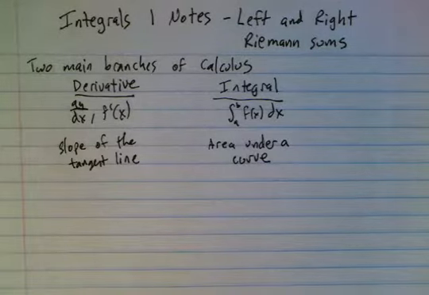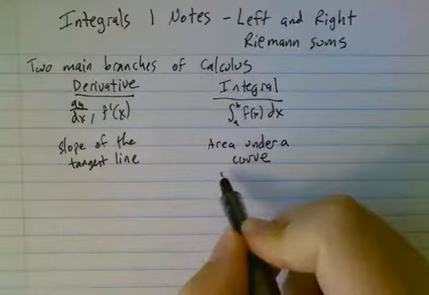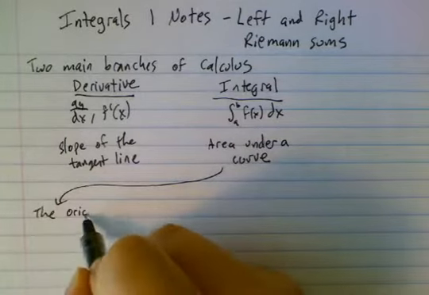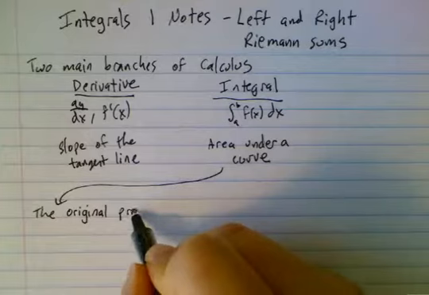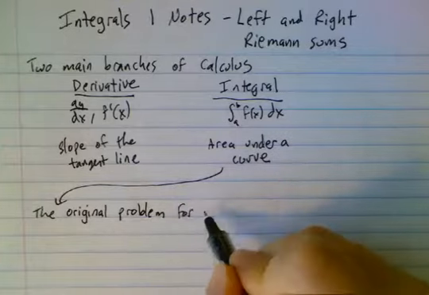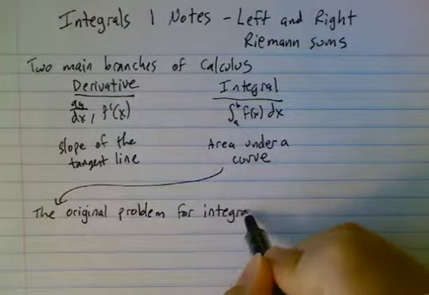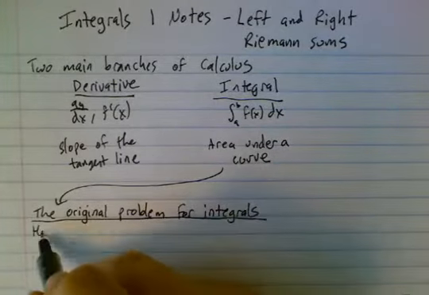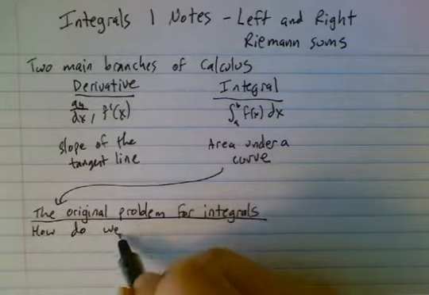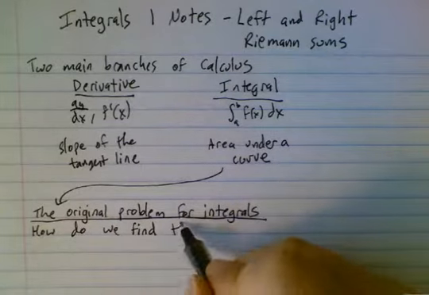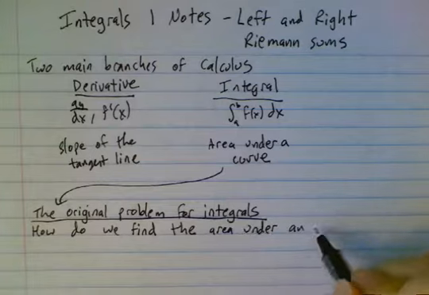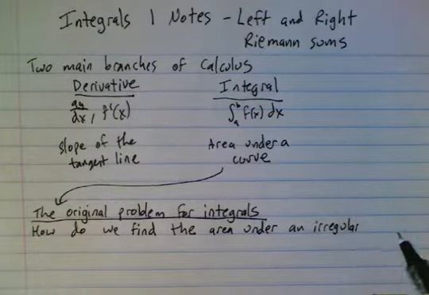So at this time, there was a group of mathematicians working on a completely different problem. And for them, their original problem was, how do we find the area under an irregular curve?